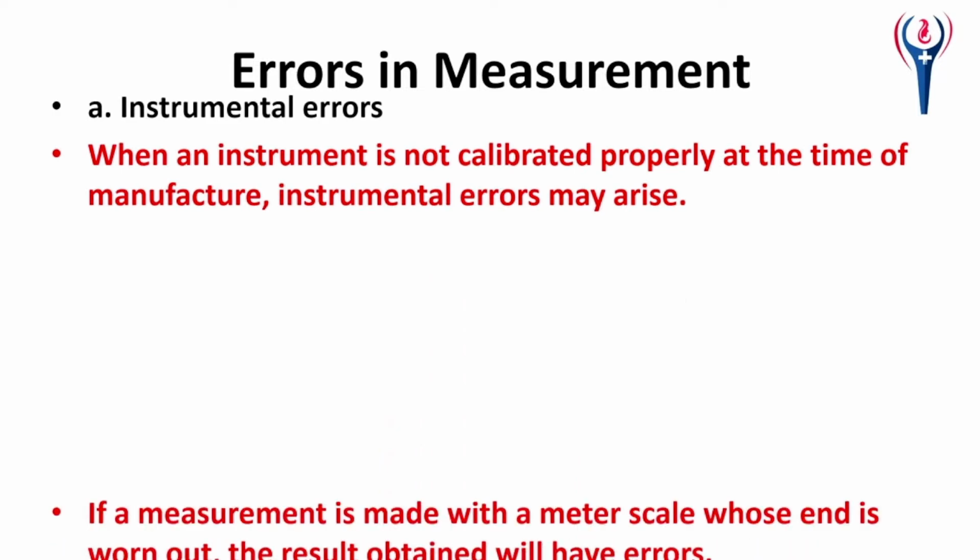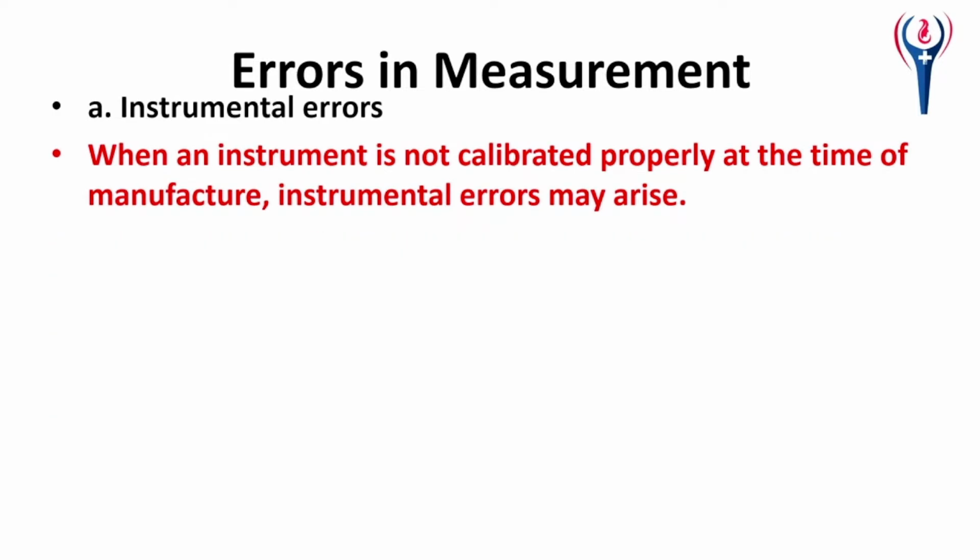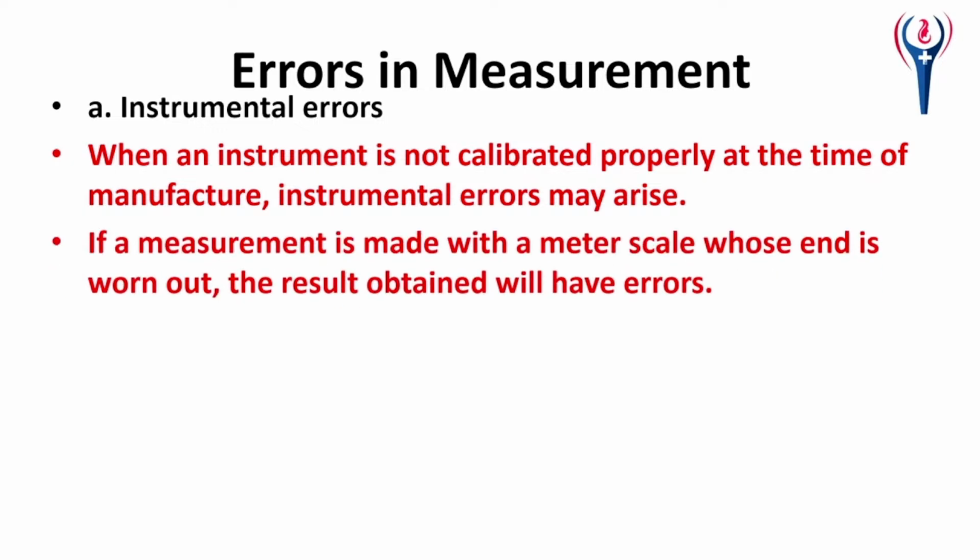Systematic errors can be classified into different types, that is instrumental errors. When an instrument is not calibrated properly at the time of manufacture, instrumental errors may arise. That is, calibration is very important for all instruments. For example, screw gauge and vernier caliper are calibrated every year. If it is not calibrated, error will occur. That type of error is instrumental error.